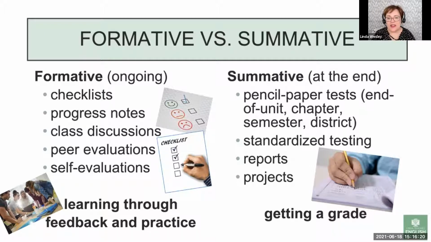Those are those summative assessments that are usually standardized, or they might be reports and projects. And so you can see here the famous bubble sheet that we're familiar with, and that would be an example of summative assessment. So again, learning through feedback and practice versus getting a grade, which many times our students are just worried about the grade.